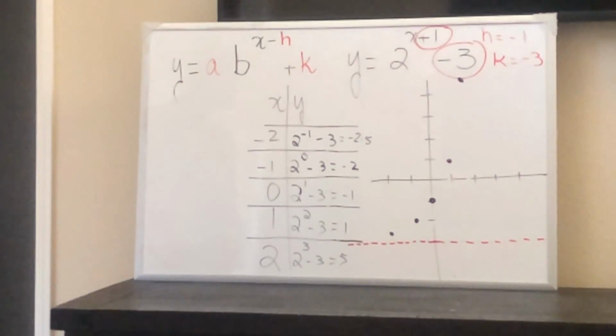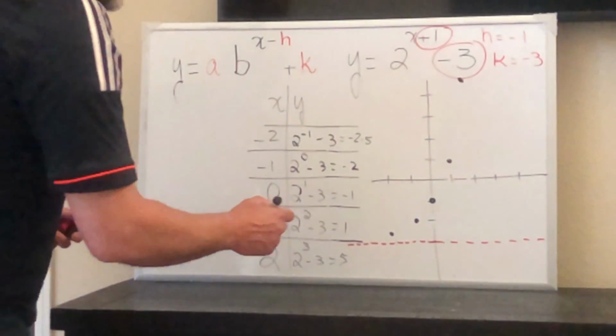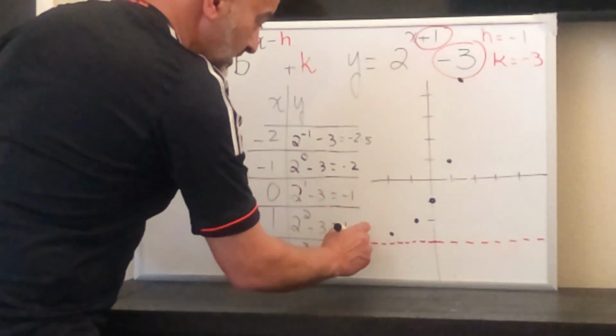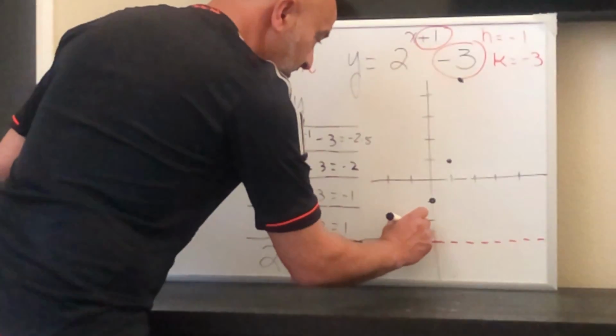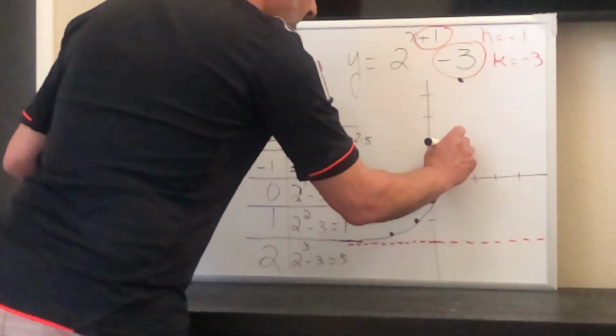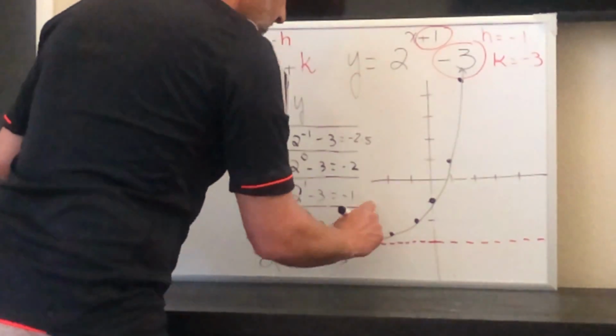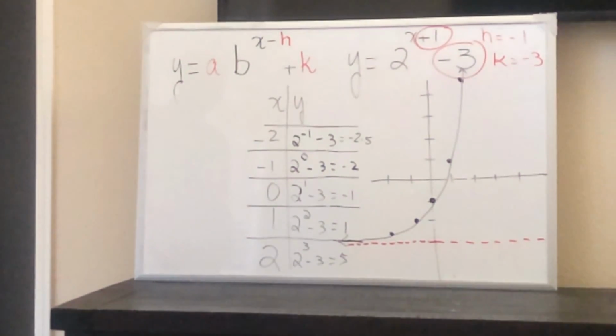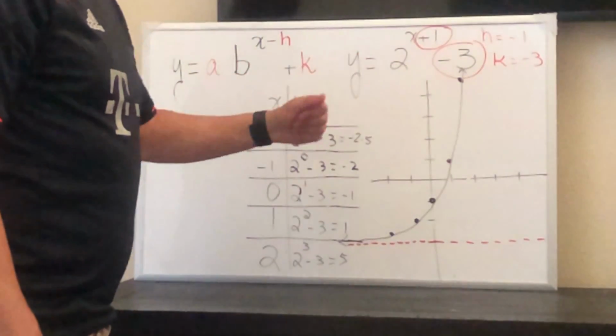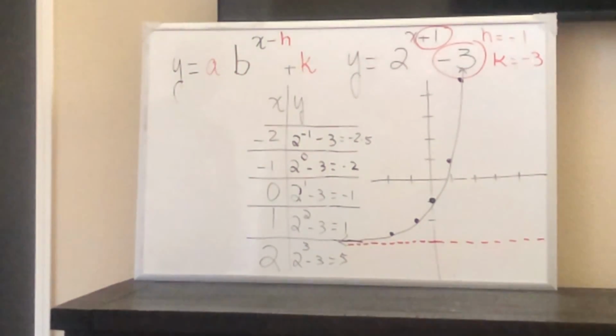This does help, because now I know I'm going to get closer and closer to this line. So I'm going to start from here, come get this point, get that point, and go up. So there is the graph of our function, 2 to the power of x plus 1 minus 3.